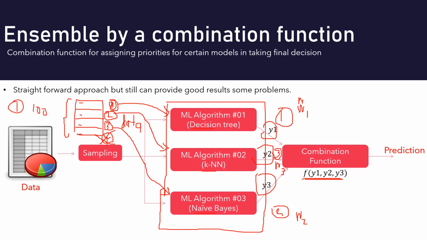But it depends on the class also. If there are four classes, like birds, amphibians, reptiles, and insects, then in the amphibian class the decision tree is performing well, in the reptile class naive bayes is performing well, and in the insect class nearest neighbor is performing well.